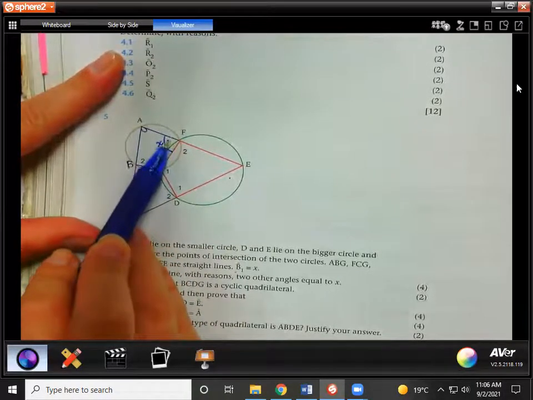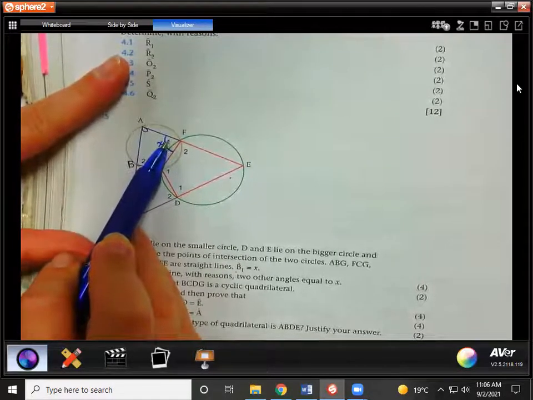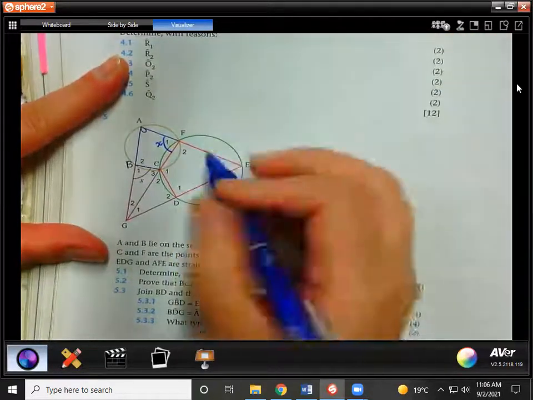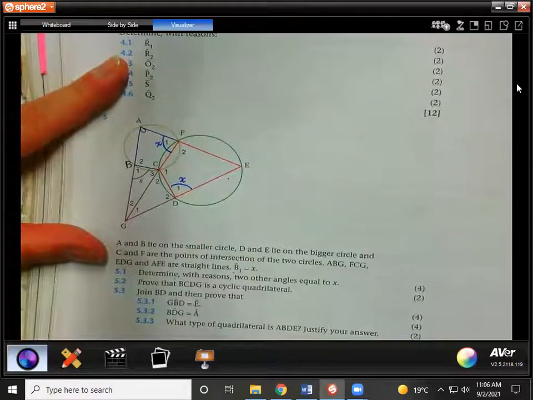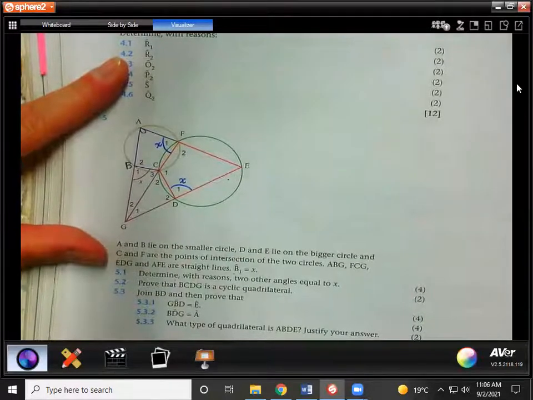So this exterior angle is going to be equal to the opposite interior angle. So you look at the angle next to it, which is F2, and the angle opposite that one is then D1. So D1 was also X, also because of exterior angle of the cyclic quad. Okay, so those are the 2 angles that I found.